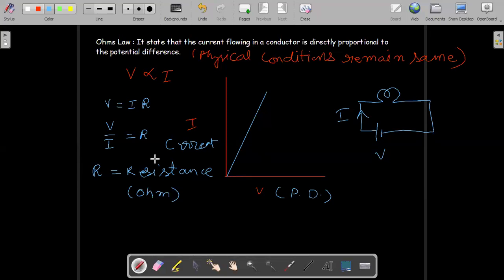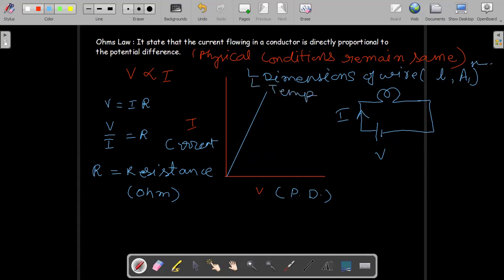When we say physical conditions, we mean dimensions of the wire, that is length, area of cross section, shape. Also, we mean temperature. So these are the physical conditions we are referring to here. Got it?